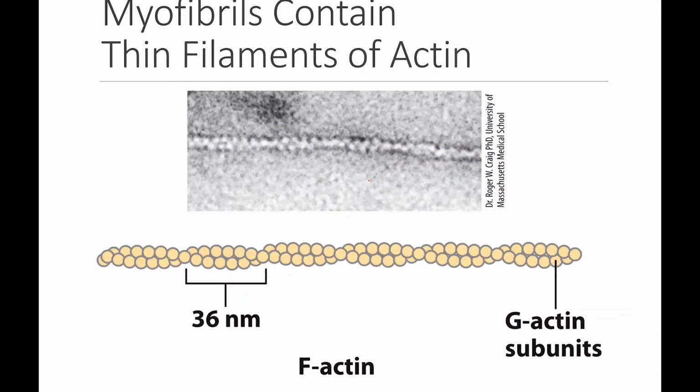Now, myofibrils also contain the thin filament protein, which is the protein actin. And see, this is also a coiled type of protein made up of subunits, actin subunits, to form this whole actin filament.